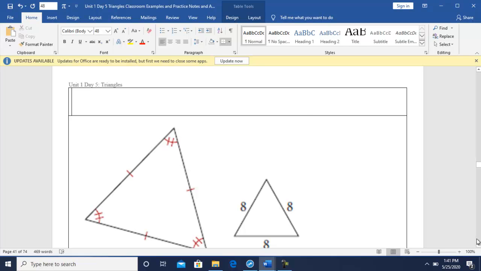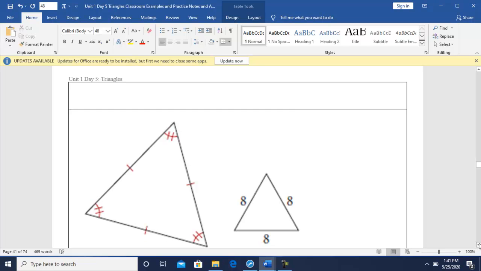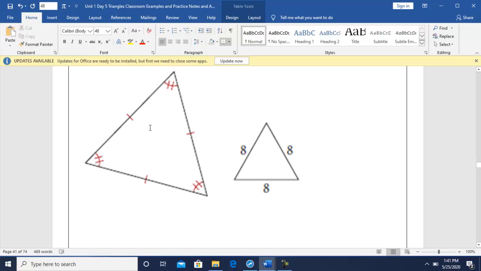Okay, so in this picture here we got markings on this triangle on the left. Notice that the three markings are all the same. And then the angles, I got the two tick marks, all three angles are the same. So this is an example of an equilateral triangle. Again, all three sides are the same, notice they're both 8.